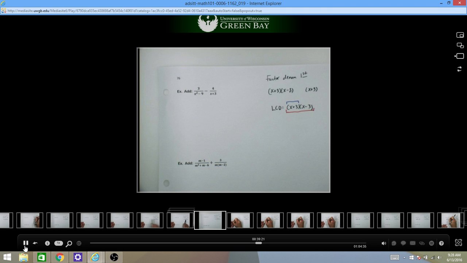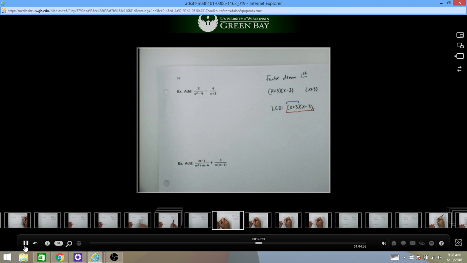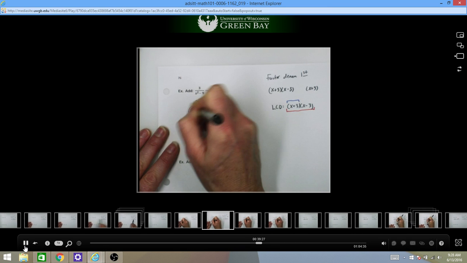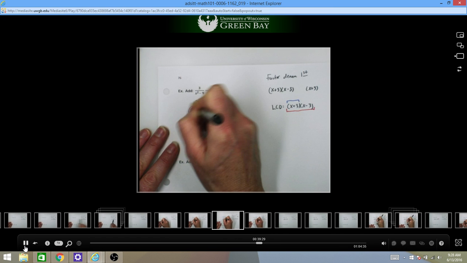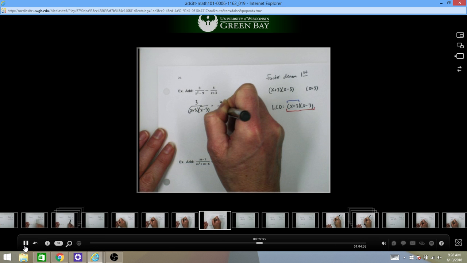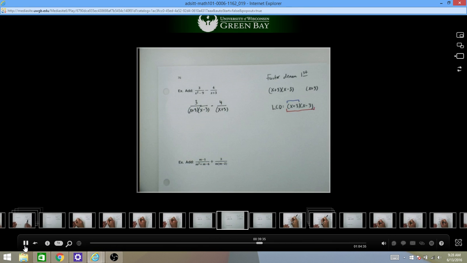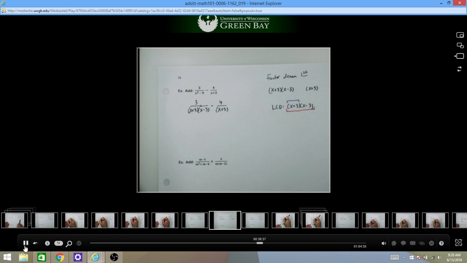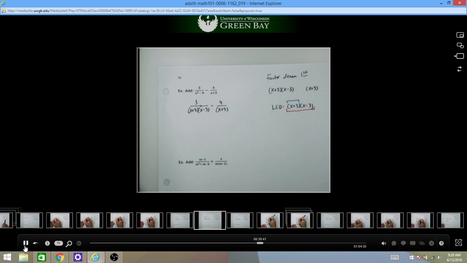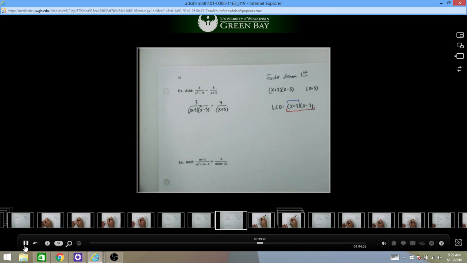Okay. So we have 3 over x plus 3 times x minus 3, minus 4 over x plus 3. So the second fraction needs to be built up.